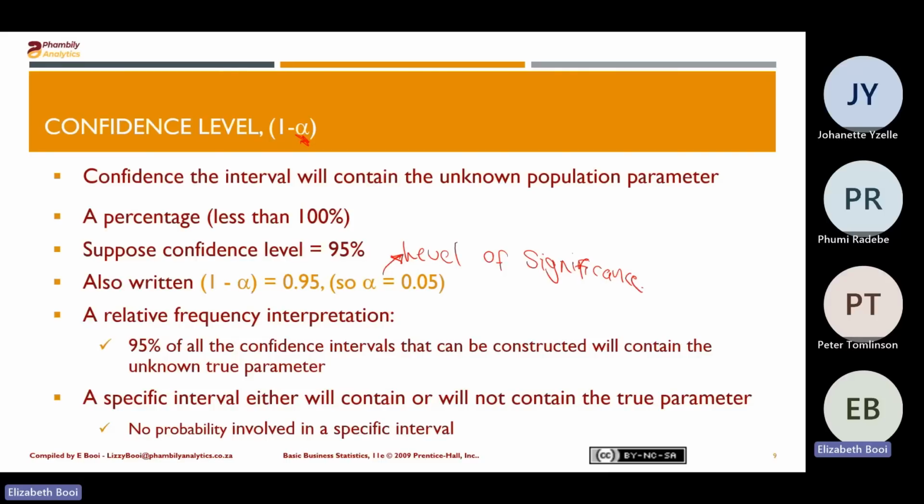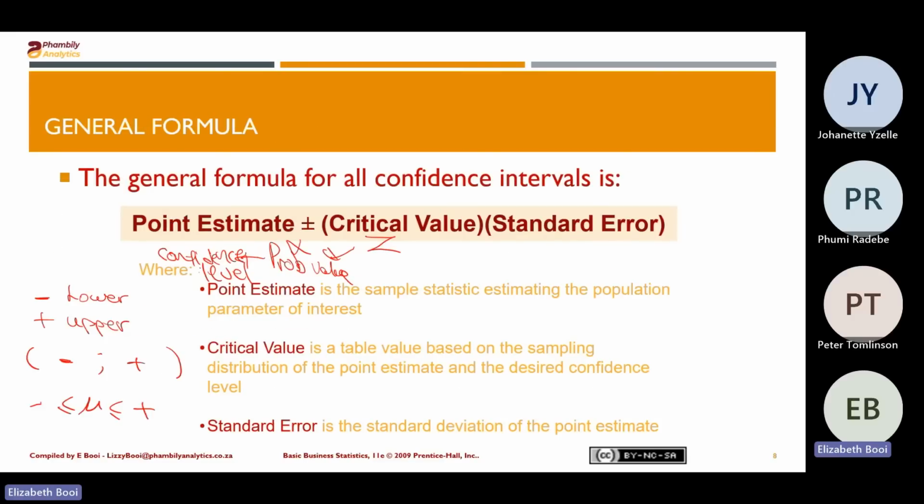Now, it does not end there. I only told you that we're going to use the probability value to find the critical value. What I haven't said is that because the confidence interval has two sides, before we can find the Z value, we need to divide this probability value into two, so that we have the lower boundary and the upper boundary level of significance value.